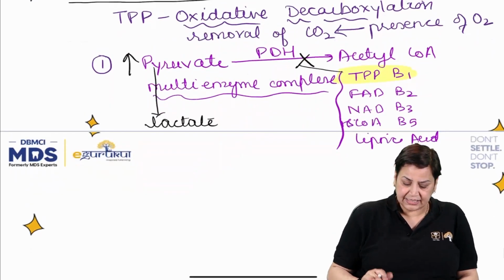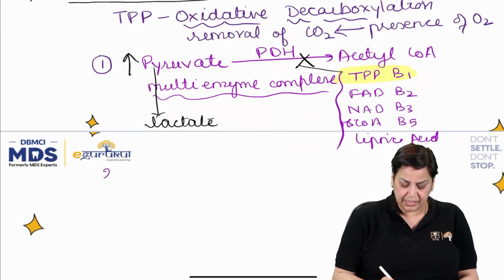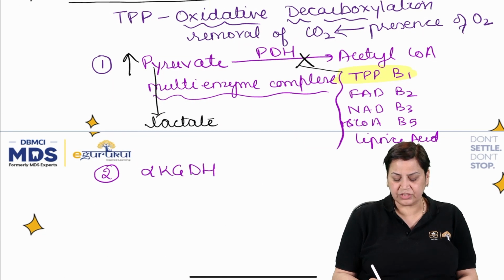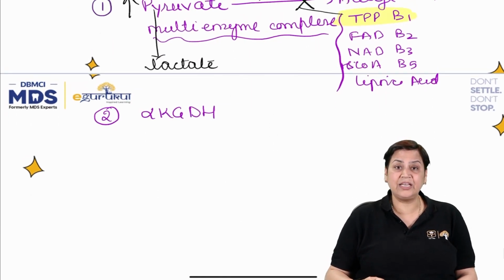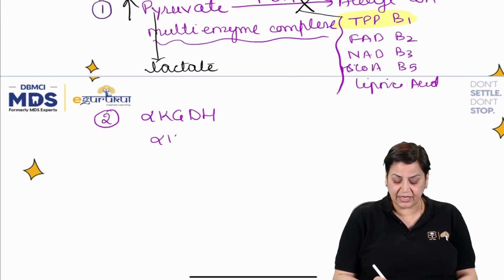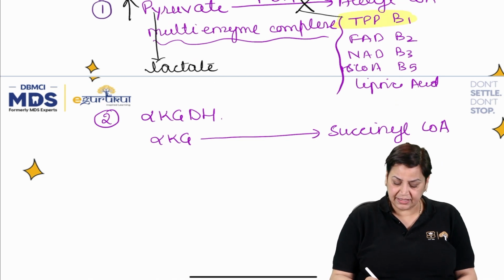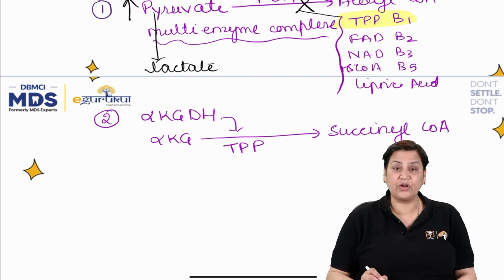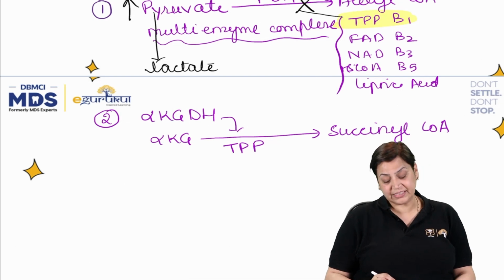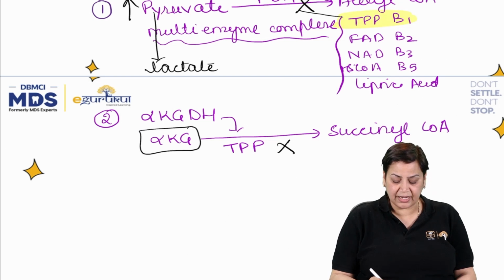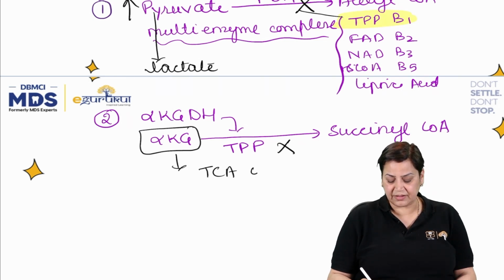Then second, it is a component of alpha ketoglutarate dehydrogenase. Again, oxidative decarboxylation. Here the reaction is alpha ketoglutarate being converted into succinyl coenzyme A. Here this is the enzyme and TPP is one of the major coenzymes. So if TPP is deficient, then alpha ketoglutarate dehydrogenase and the TCA cycle will suffer.